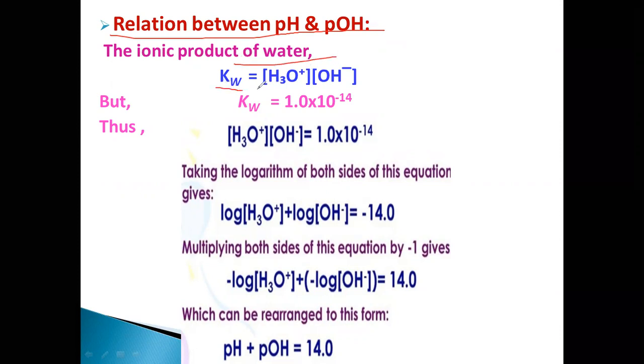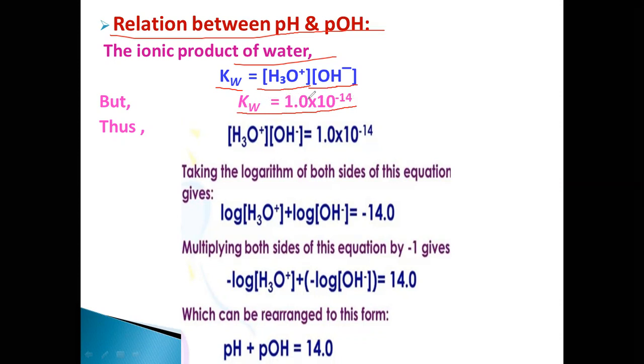Kw is equal to concentration of hydronium ion and the concentration of OH minus ion, right? So this is called as the ionic product of water, and as we know the value of Kw is found to be 1 into 10 to the power minus 14, right? Kw is equal to 1 into 10 to the power minus 14.